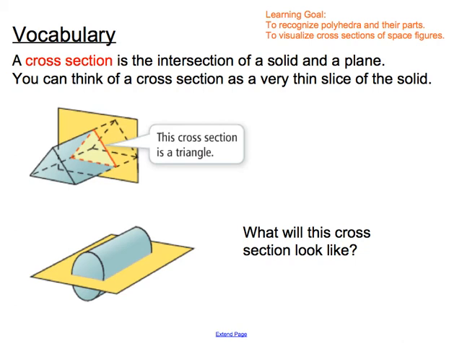So if we want to think about what cross-sections would look like, oftentimes you'll find that I draw dotted lines. So I'll connect the different points with dotted lines, and I'll see what kind of object that looks like it might be. Most likely, if we wanted to draw this cross-section, the cross-section would look like a rectangle.